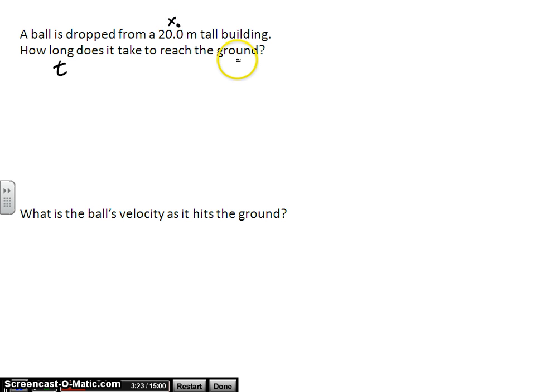The ground, my final position will be 0. Something else we just talked about: my a is gravity, negative 9.8 meters per second squared. And there's one other thing that's going to come up a whole bunch of times this unit. Something is dropped.